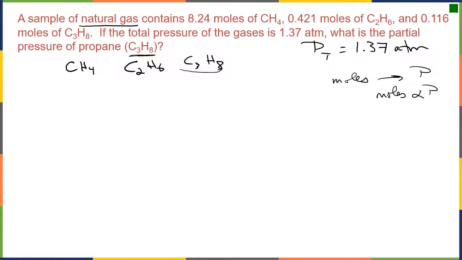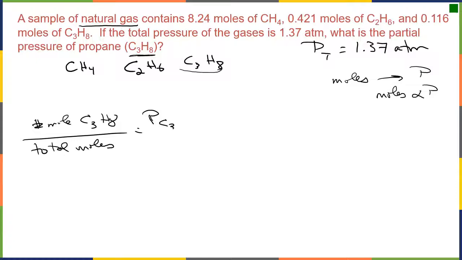So if we know how many moles of propane we have, divided by the total moles, that's going to be the same as the pressure of propane over the total pressure. Our fraction is the same because everything else is the same. Moles are directly proportional to pressure.